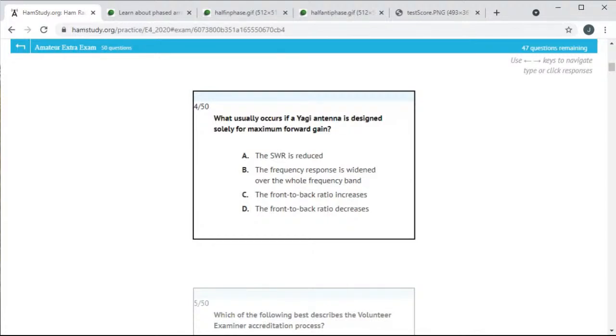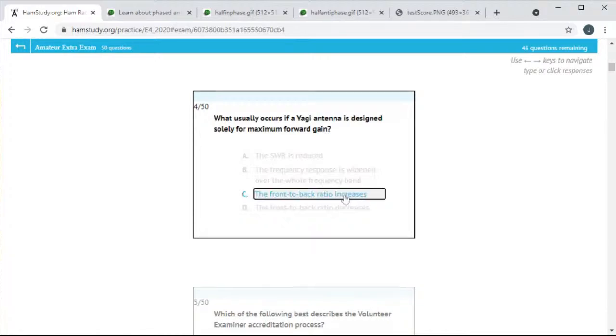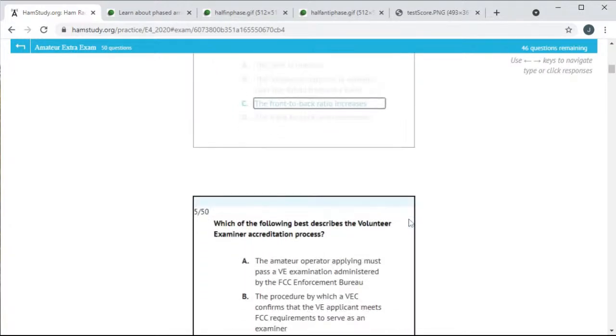D, front to back ratio decreases. It is one of these, and I believe the front gets more than the back, so I'm going to go with C, front to back ratio increases.